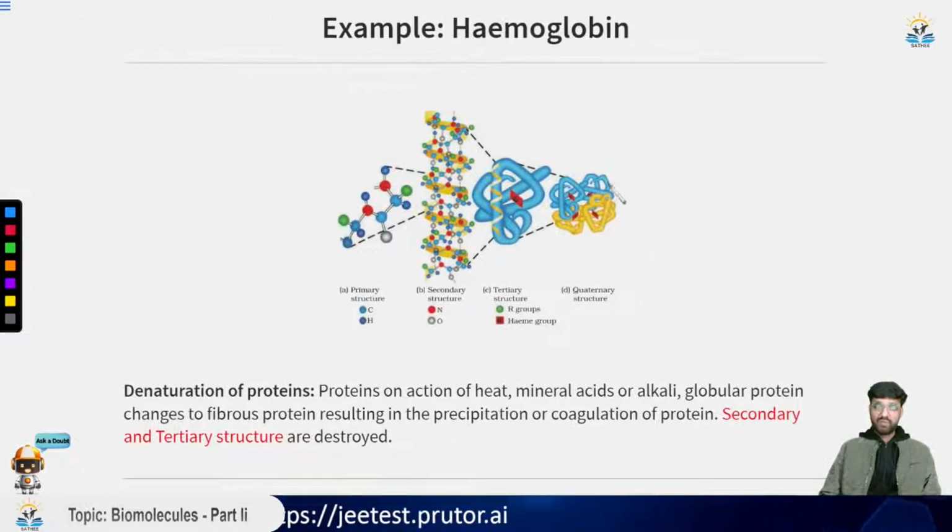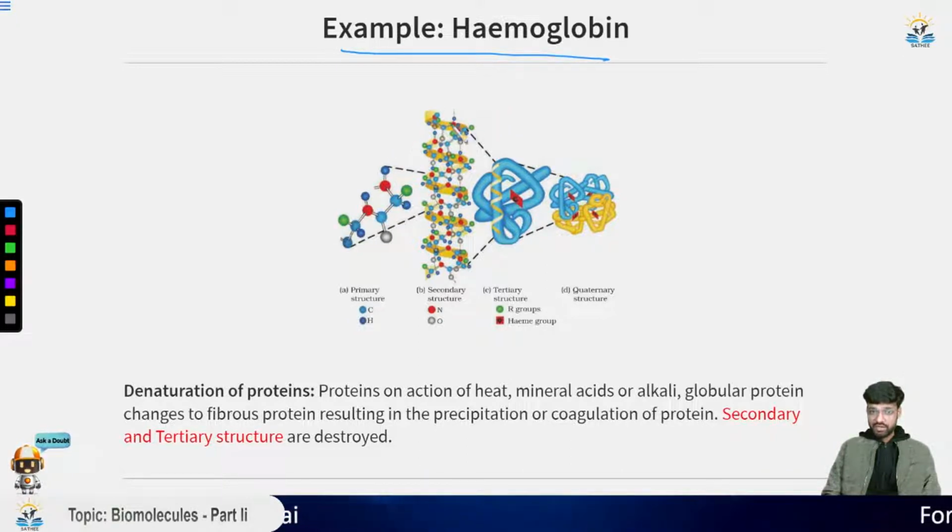Now next, I have put up an example here of a protein called hemoglobin. So here is the hemoglobin that we have. Then there is the linear structure, which is called the primary structure. Then the secondary structure, that is this helix that is formed.